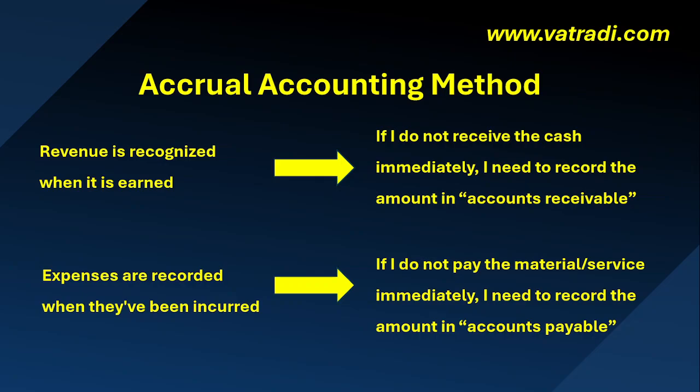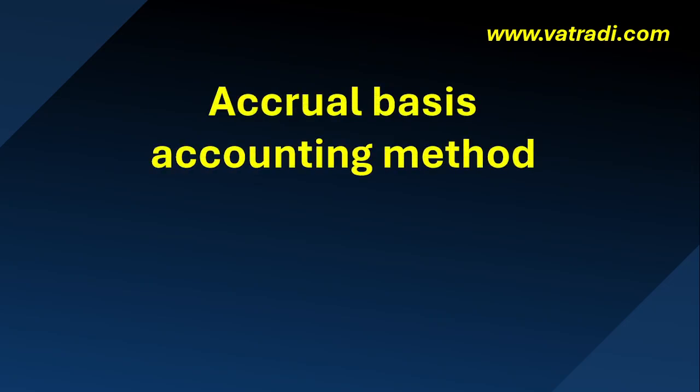In addition, under the accrual basis accounting method, when I arrive at year end, I need to record the famous adjusting entries. As I already said, the accrual basis accounting method is set up based on the matching principle. It means that the cost must be recorded inside the same reporting period as the revenue that it helps to generate.